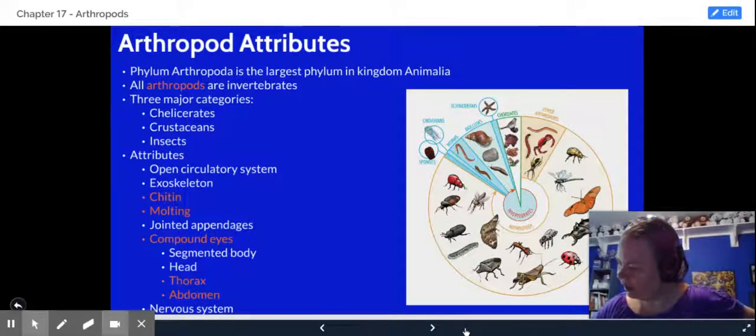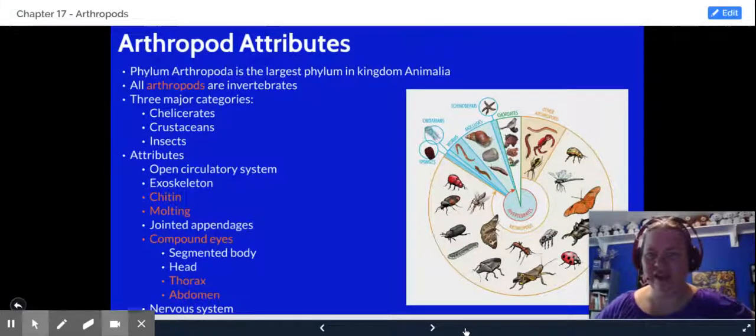The thorax can sometimes be fused with the head into the cephalothorax. We're going to talk about some of the different segments later on. And then there's the abdomen, and that's just the back or the tail region.